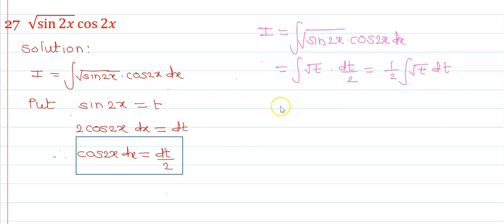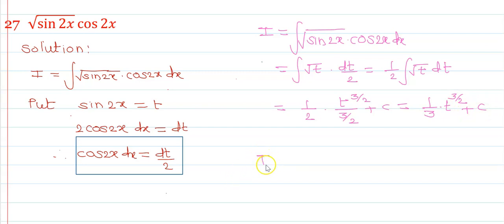Now the integral of root t, put that t raised to 3 by 2 upon 3 by 2 plus c. This 2 will get cancelled, and here you will get 1 upon 3 t raised to 3 by 2 plus c.